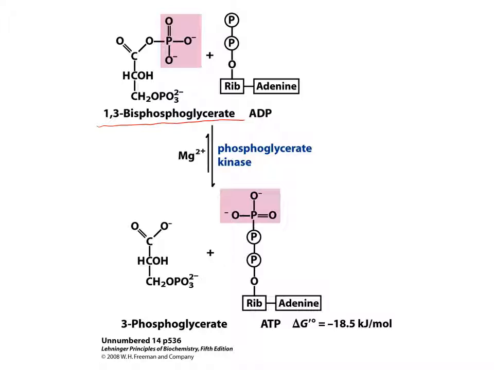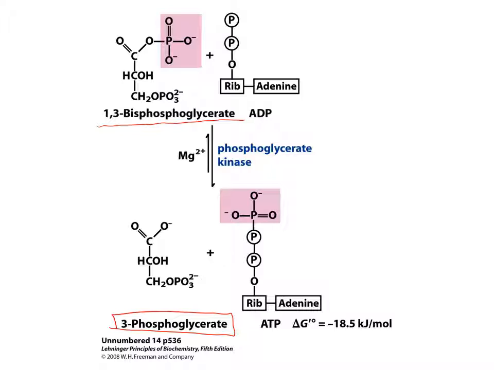It has a pretty low delta G prime 0. So we have our 1,3-bisphosphoglycerate. We add adenosine diphosphate, and we generate 3-phosphoglycerate and ATP.